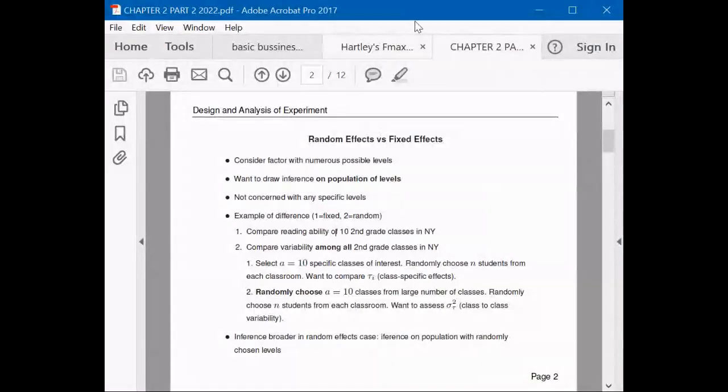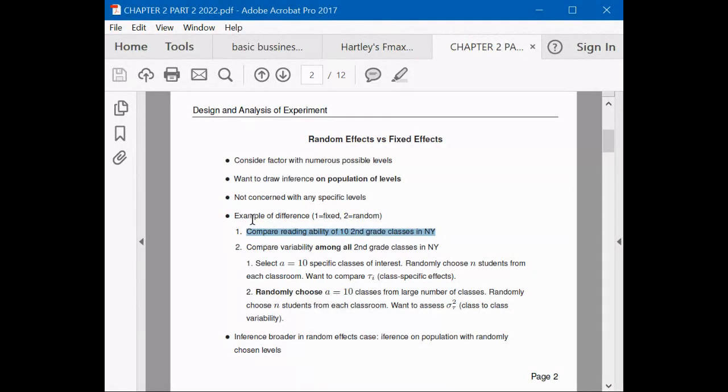So let me share the notes again. This is all about chapter 2. Here, if you can check, there are 2 examples. There's an example related to fixed effect models, and there's an example related to random effect models.